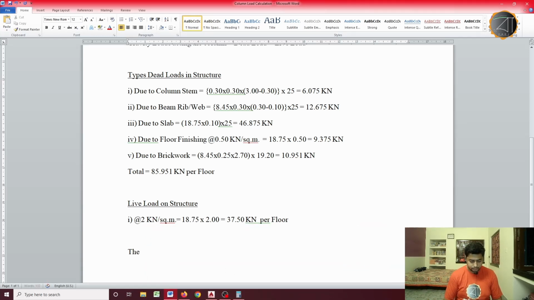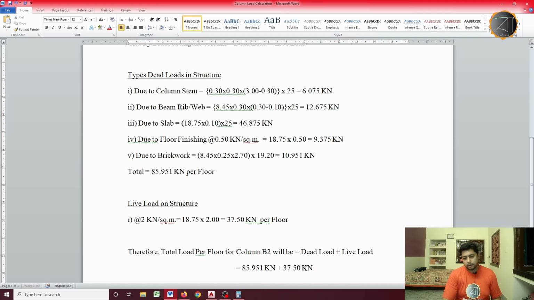Therefore, total load per floor for column B2 will be dead load plus live load. So, it will be 85.951 kilonewton plus 37.50 kilonewton. Okay.